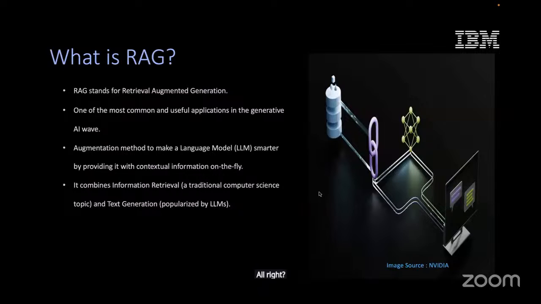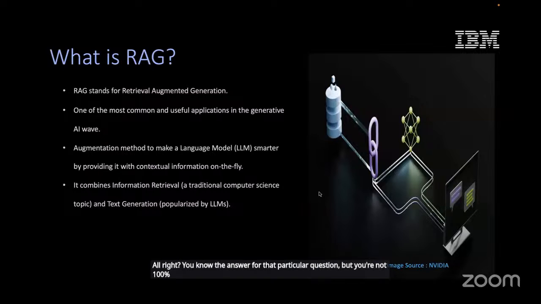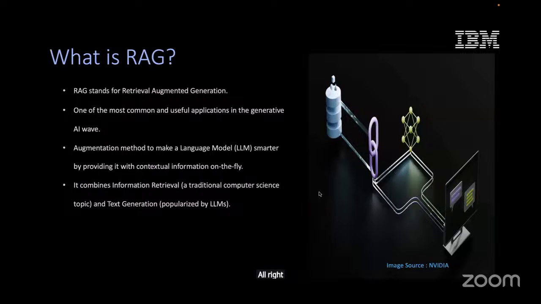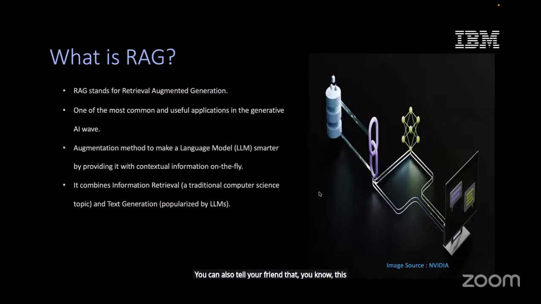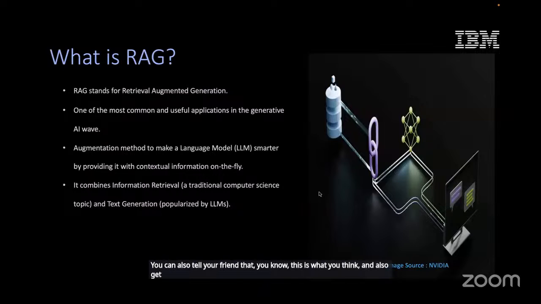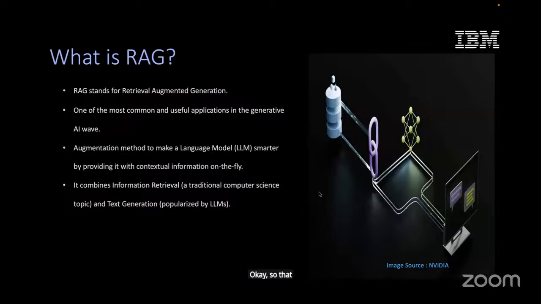You know the answer for that particular question, but you're not 100% confident, all right? So then you have the option of calling your friend and checking what the answer is. You can also tell your friend that this is what you think, and also get a confirmation from your friend to say that, is this the right answer, or is he confident about that part? Okay, so that's the augmentation part.